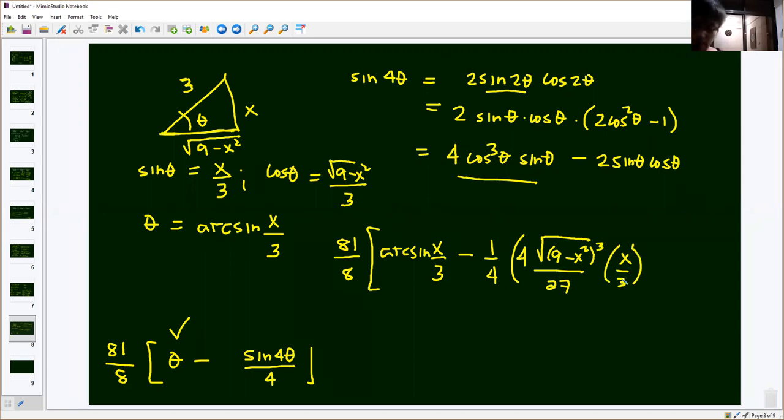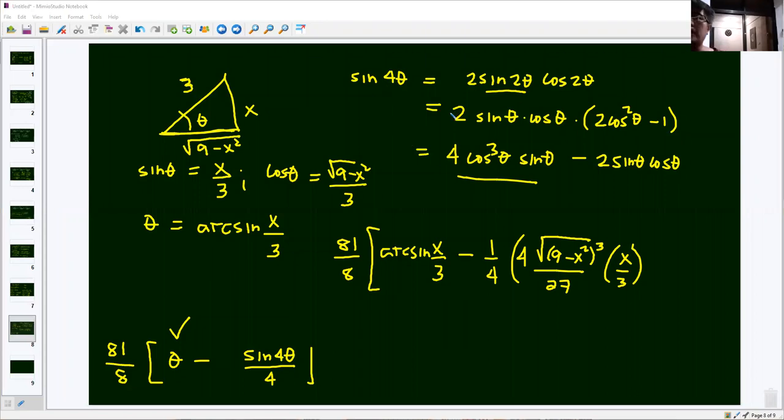Okay, check me for possible mistakes. Yeah, wait lang. Ninyo, let me see. 2 cos theta sine theta, 2 cos squared theta minus 1. Yes, tama. May 2 pa. Yes, Ninyo. Very good. May kulang ako.